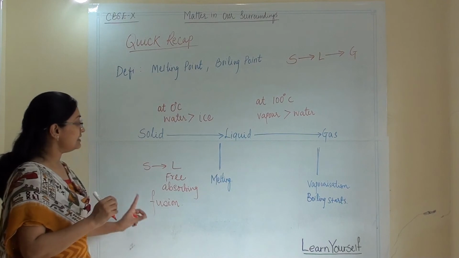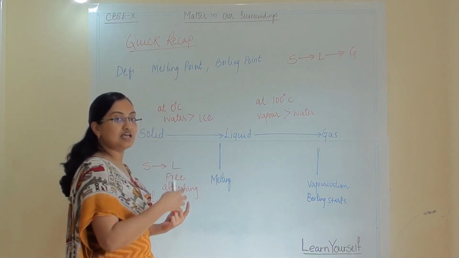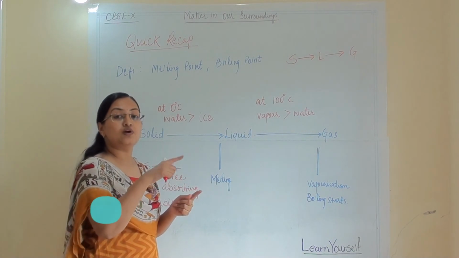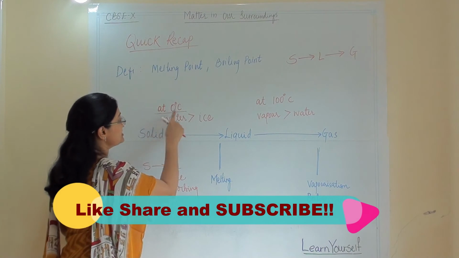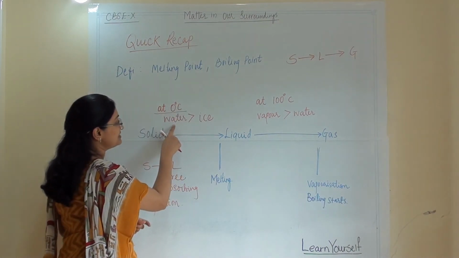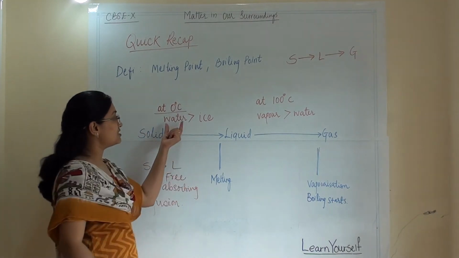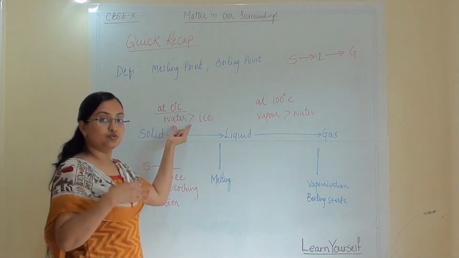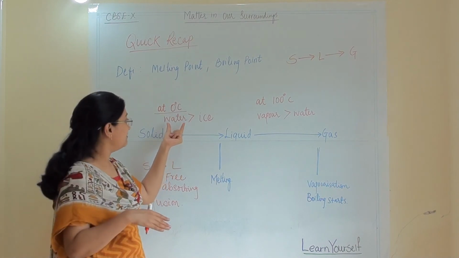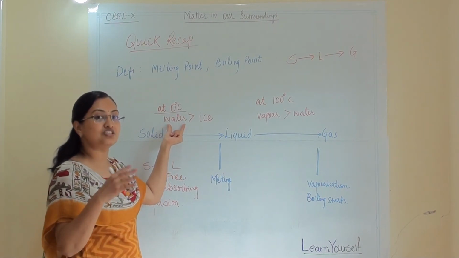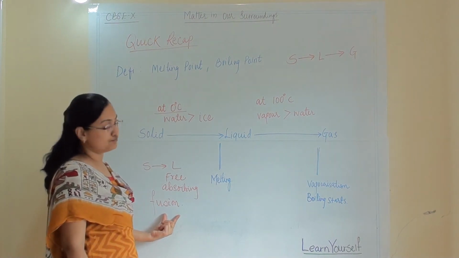Until all particles become free, there will be no temperature change. So at 0 degrees centigrade, water particles have more energy compared to ice, because they are free compared to the solid state. They have absorbed latent heat of fusion.